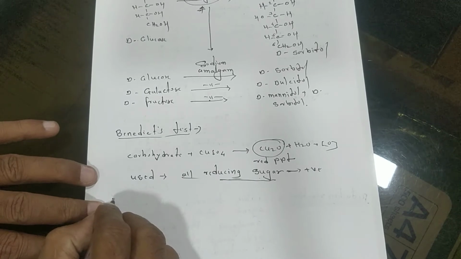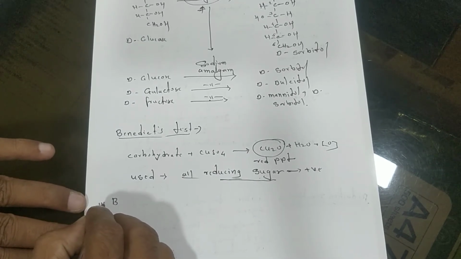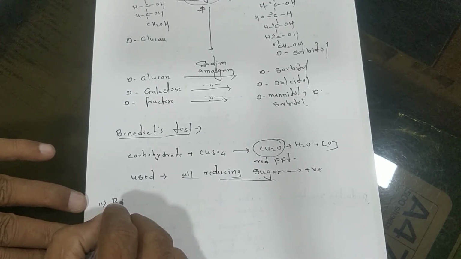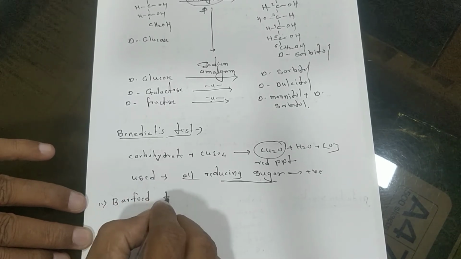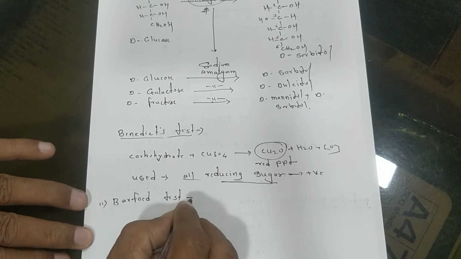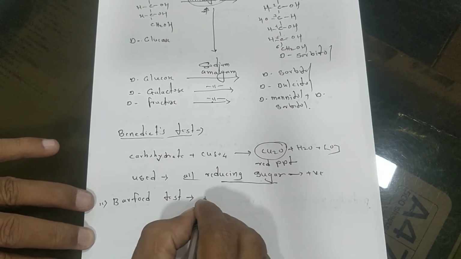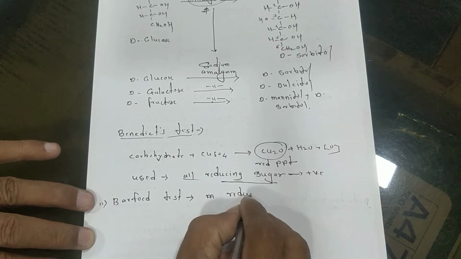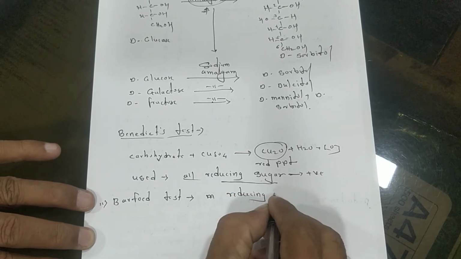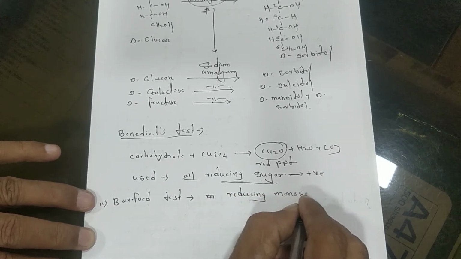Now the next, Barfoed test. This test is used for reducing monosaccharides.